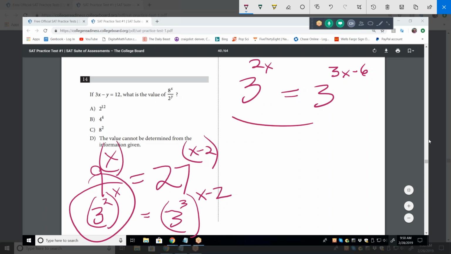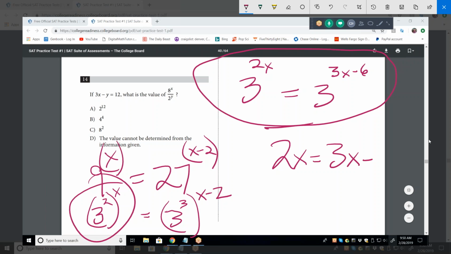In other words, the only way that can be a true statement is if 2x is equal to 3x minus 6. And that solves real easily. x equals 6. So I've proven that 9 to the 6th power equals 27 to the 4th power.